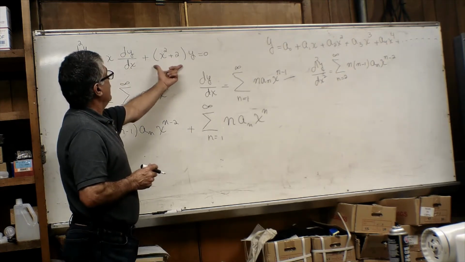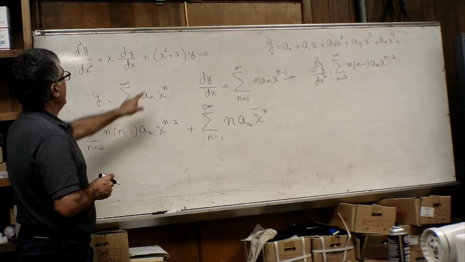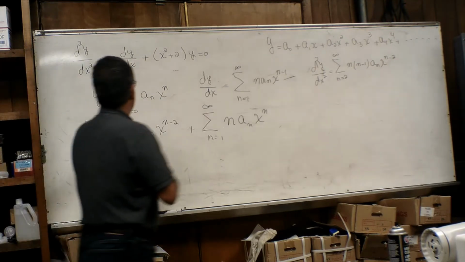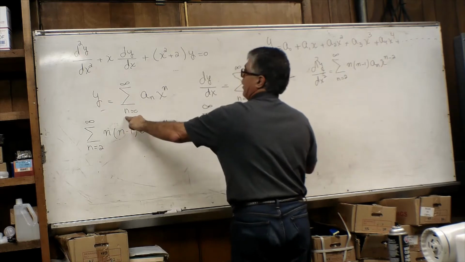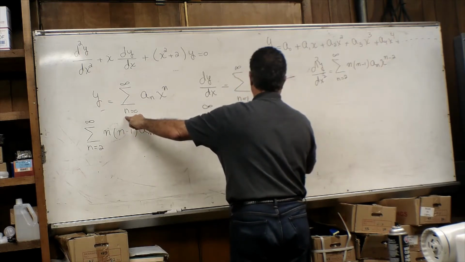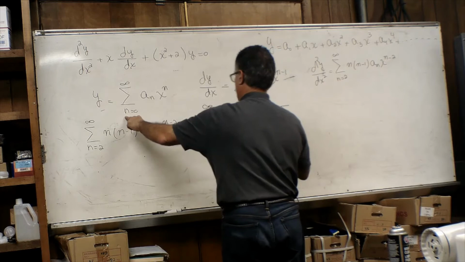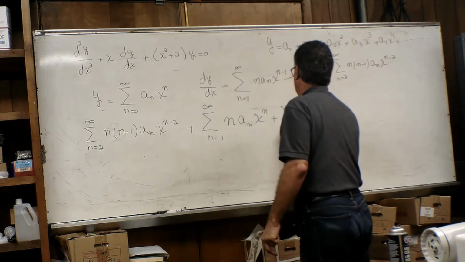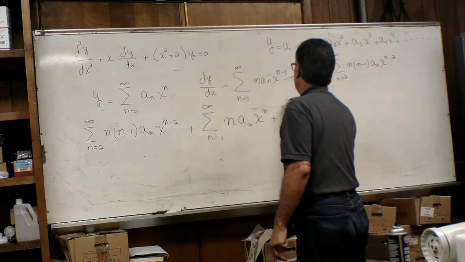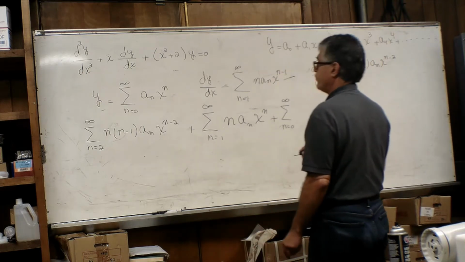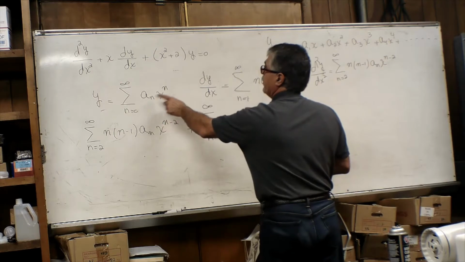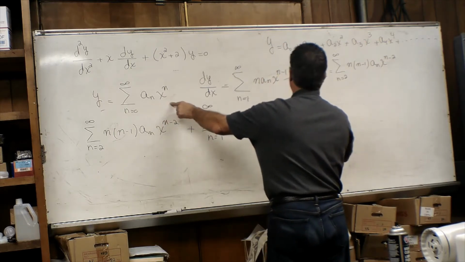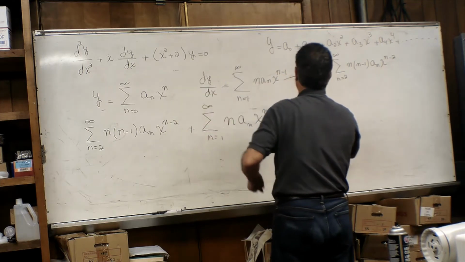Then x squared multiplied by y will be plus summation n equal to 0 to infinity of a n x to power n plus 2.